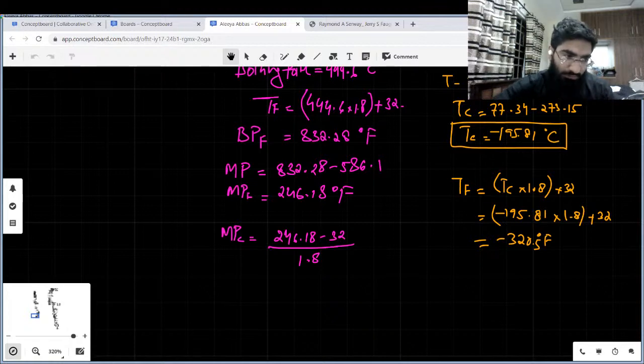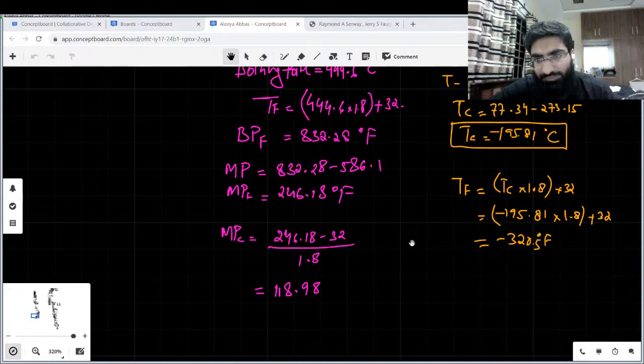The melting point of sulfur in Celsius will be 118.98 degrees centigrade. But why did you do minus 32?